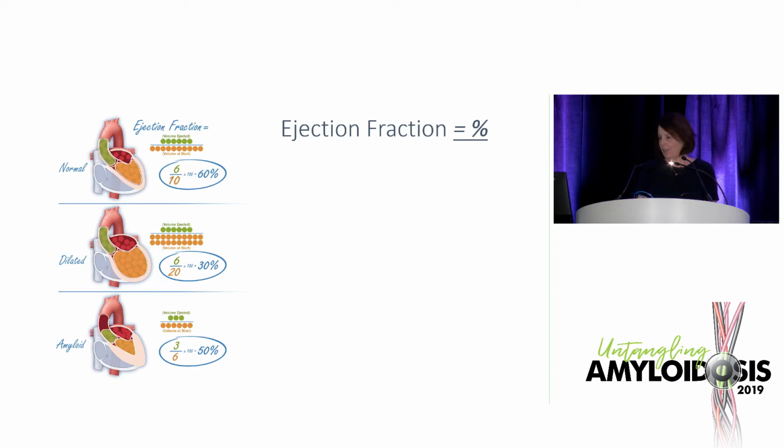But if the heart doesn't fill very well, as in amyloidosis, the ejection fraction can be normal or low normal, and really the cardiac output is significantly reduced. The main issue with cardiac amyloidosis is a loss of elasticity of the heart. After systole, the heart should relax in diastole and be able to truly suck blood into the heart.